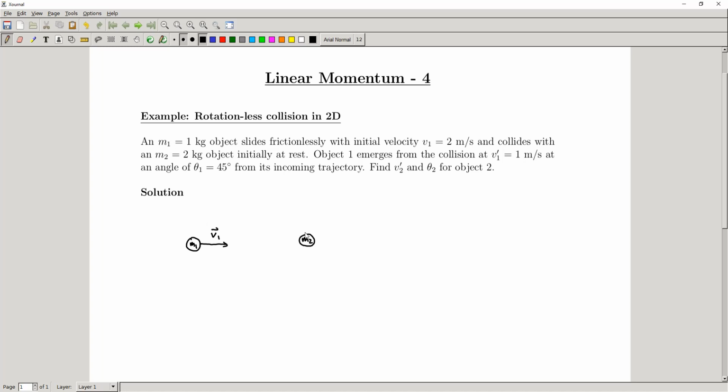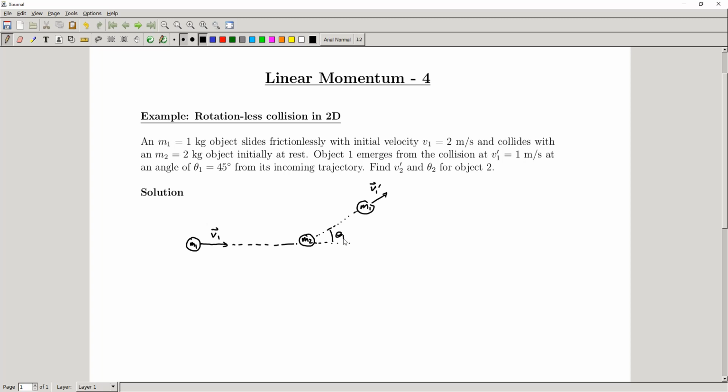Okay, m2 is here. This m1 smashes into it, and then what do we have after the collision? Well, we have m1 speeding off in this direction with v1 prime at some angle theta from its original trajectory, right? So this is going to be our angle theta 1.